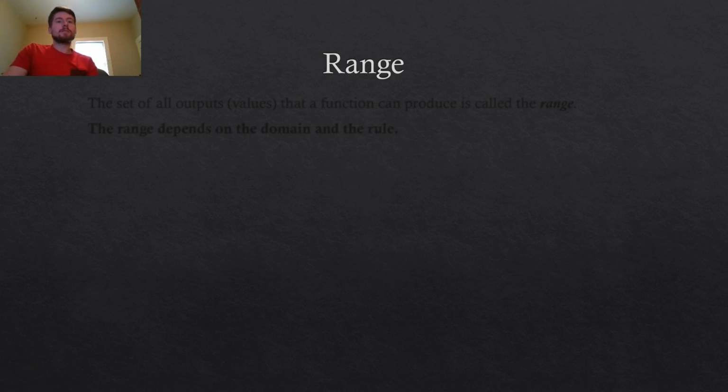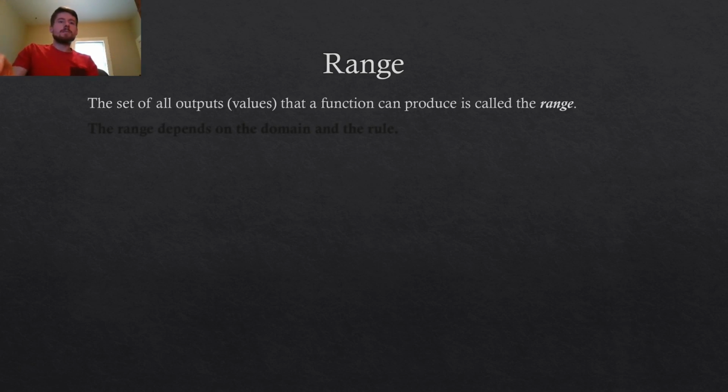And now let's talk about the range, which is what are the answers you can get out from the function. The range is the set of all the outputs, and I'll also use the word value. Output and value are interchangeable. Values are the answers or the outputs that a function can produce, and this is called the range.